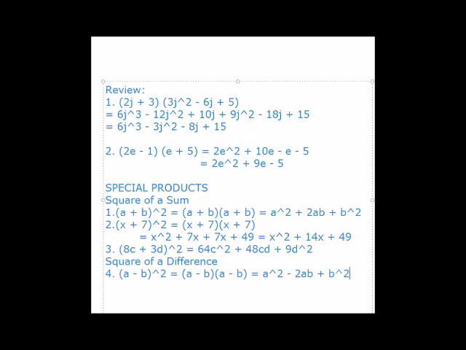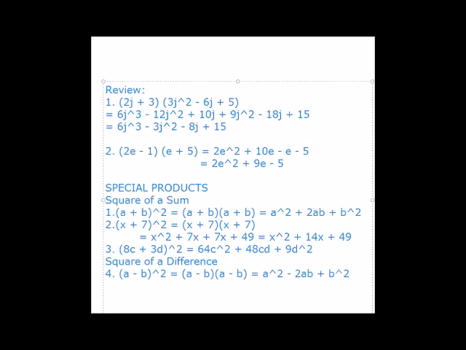Now, L, I'm afraid that when you deal with more terms later on, or expressions minus another expression, we have a harder time and longer time using the FOIL method. How about this one? If we have a minus b squared, let us still use the pattern we have in the square of a sum.